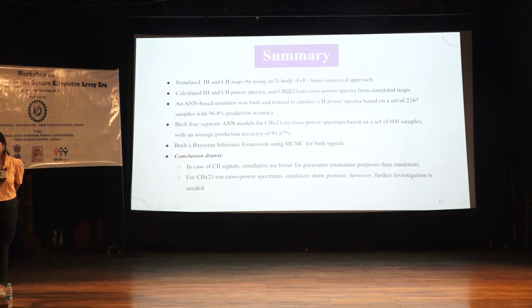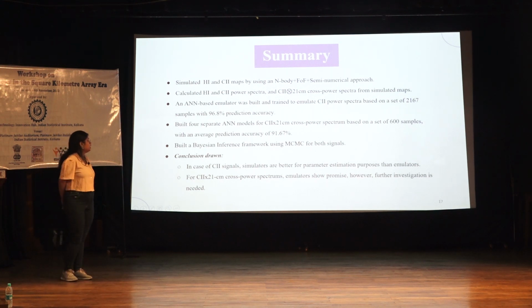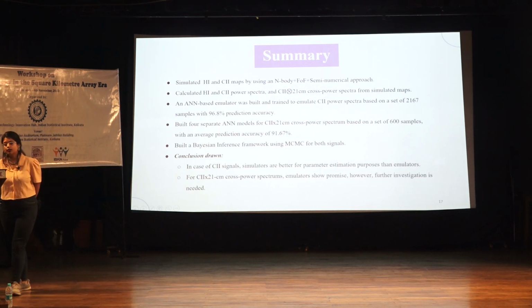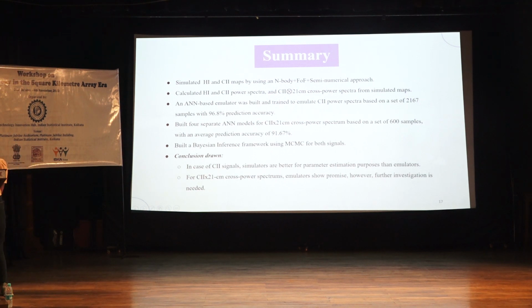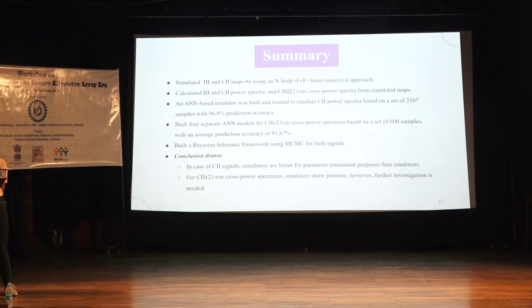So to summarize, what we have done so far is that we have built an ANN-based emulator, and it was trained to emulate the C2 power spectrum. We have achieved a decent amount of accuracy with that emulator. We have also built 4 separate emulators for the C2 cross 21 centimeter cross power spectrum, and we have also built 2 Bayesian inference frameworks for these 2 signals.